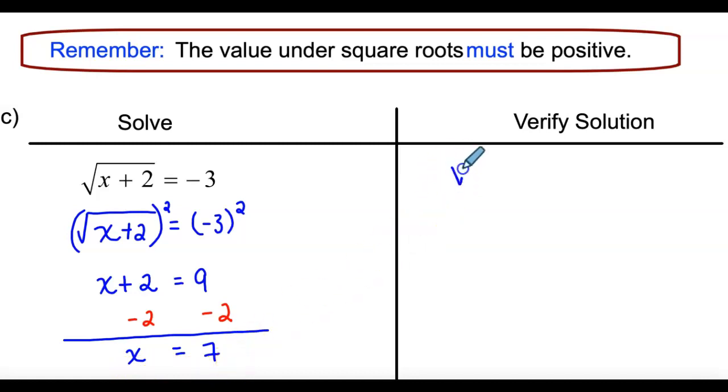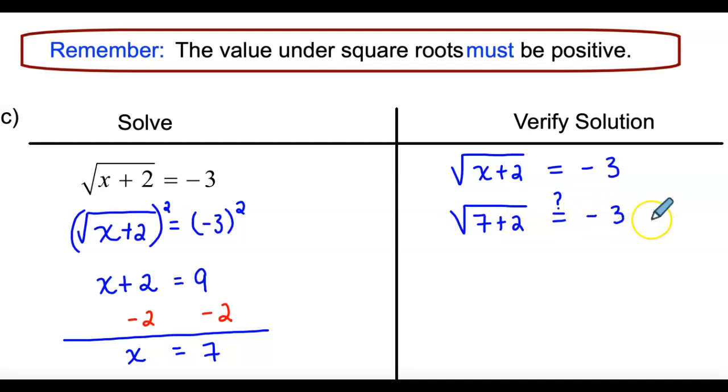Our last step, of course, in this process is to verify that 7 is actually a solution. So we rewrite the original equation, and now in place of the x, we will test if 7 works. So now we have the square root of 7 plus 2 equaling negative 3.